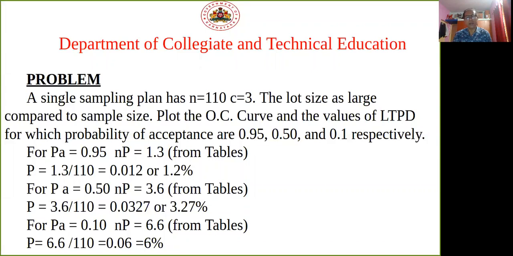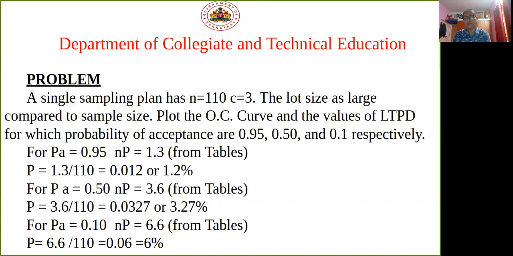A single sampling plan has n equals 110, c equals 3. So the sample size is 110 and the acceptance number c is 3. We need to find the probability of acceptance for 0 defectives, 1 defective, 2 defectives and 3 defectives.